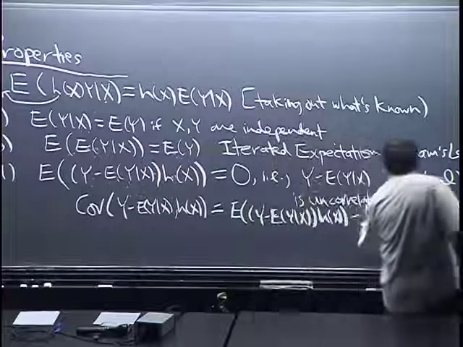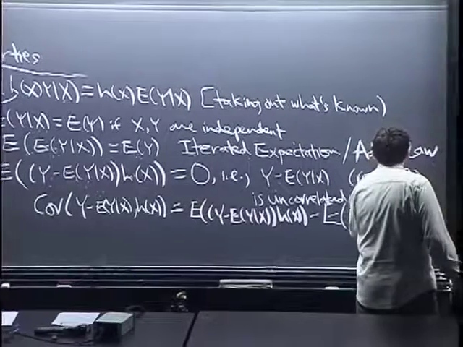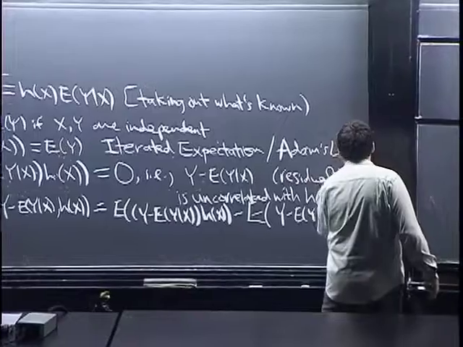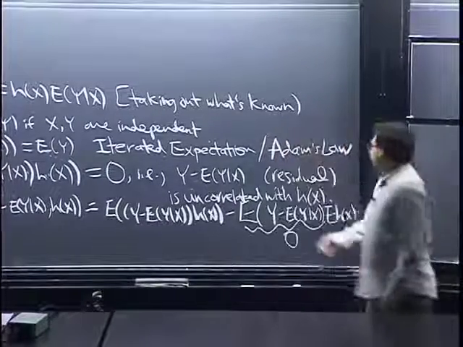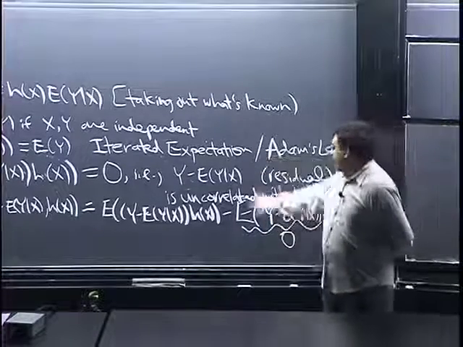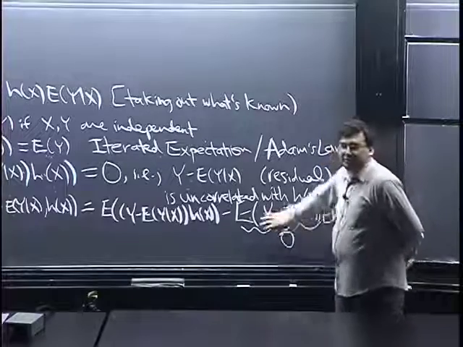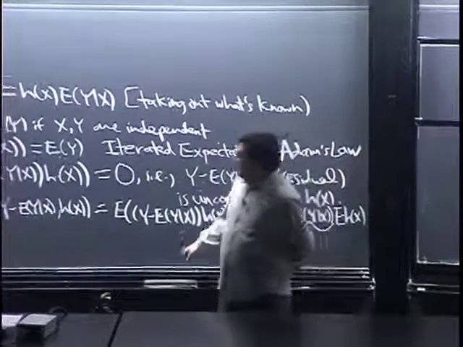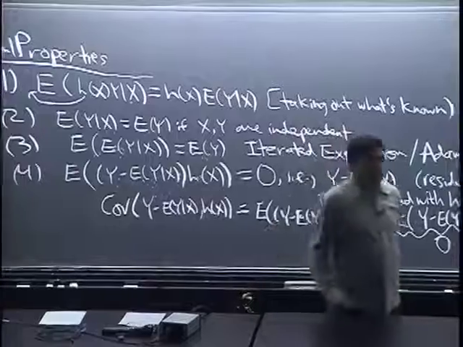So it's minus E of Y minus E of Y given X. Looks complicated, but we'll simplify, E of H of X. Just writing down what the covariance is. But this thing is 0. We know that's 0, right? Just by iterated expectation and linearity. That's E of Y minus E of Y. So this part is just 0, so we only have this term. So in other words, what that shows is that this is actually the covariance of this, and it says it's 0. We haven't shown that yet.